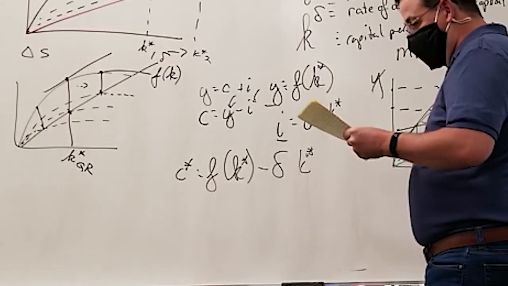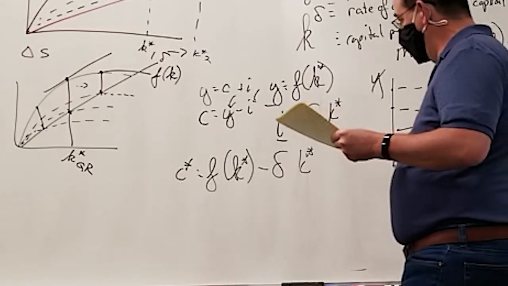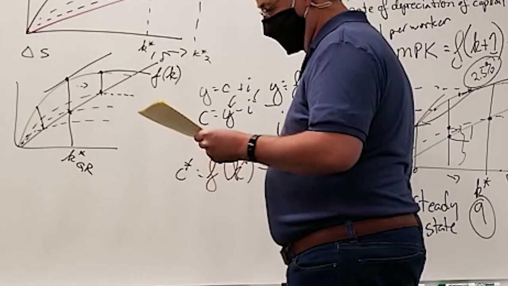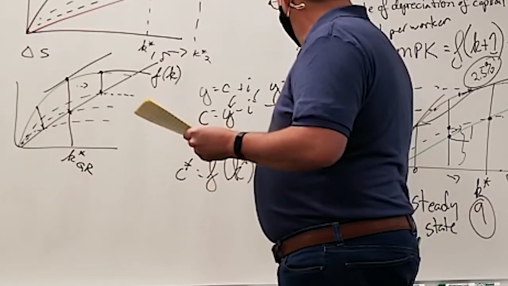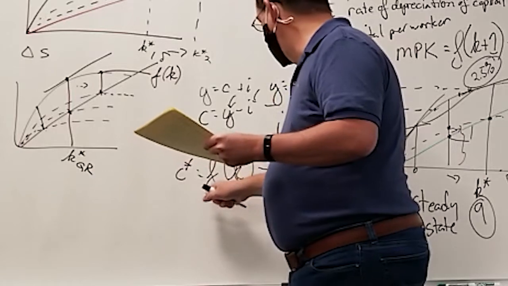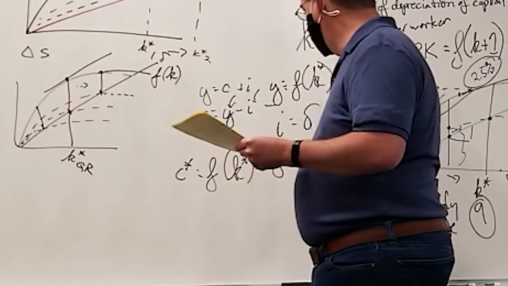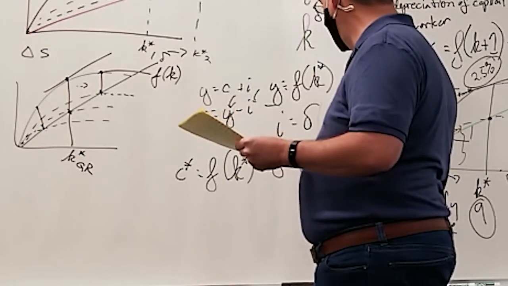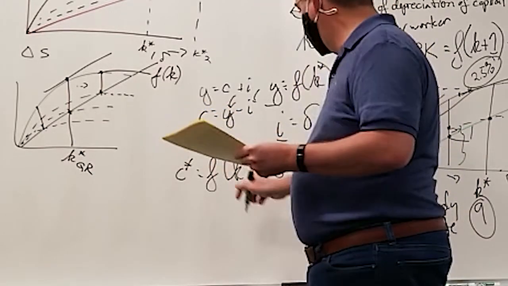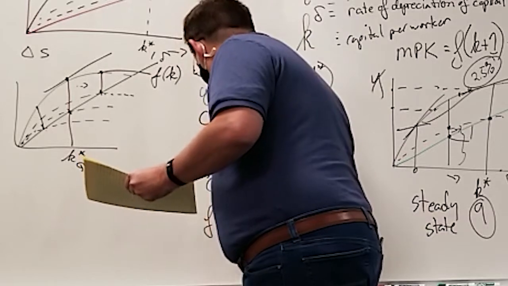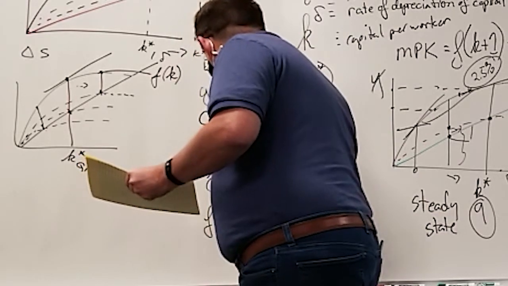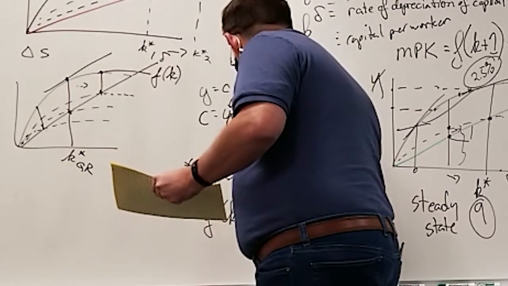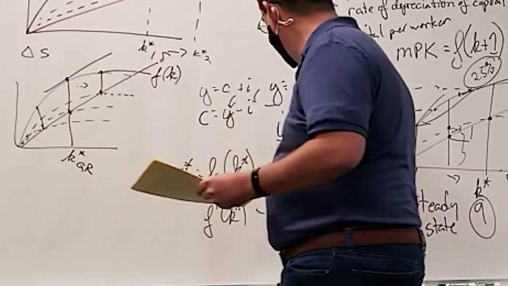And I can be reminded that at the optimal level of consumption, it's going to maximize this difference. Well, maximizing is the same as kind of taking the first derivative. And if I take the first derivative with respect to the capital, I'm left with f prime of k star minus delta is equal to 0 at the maximum.